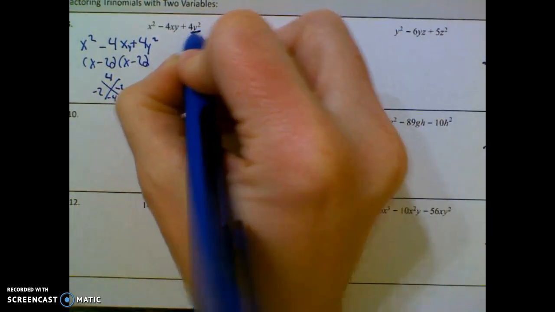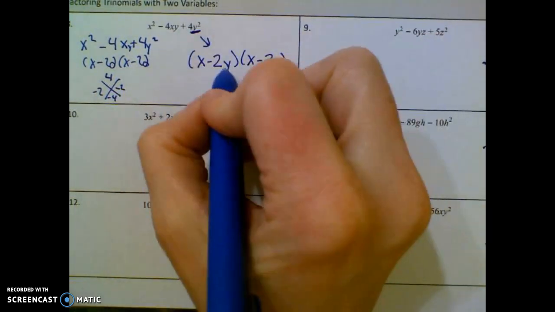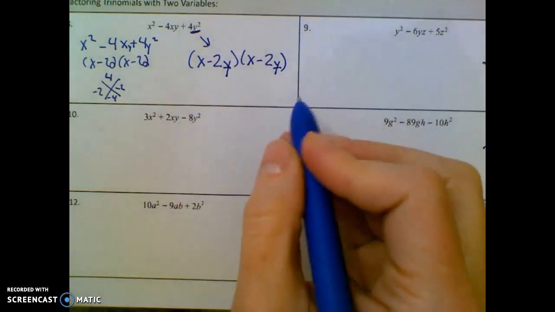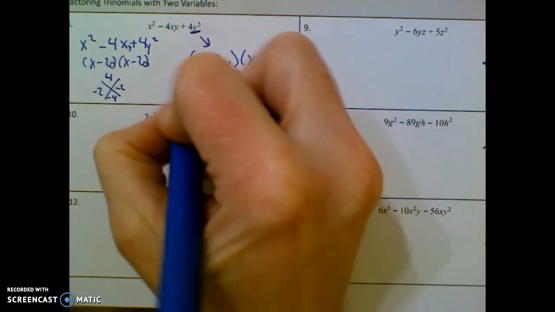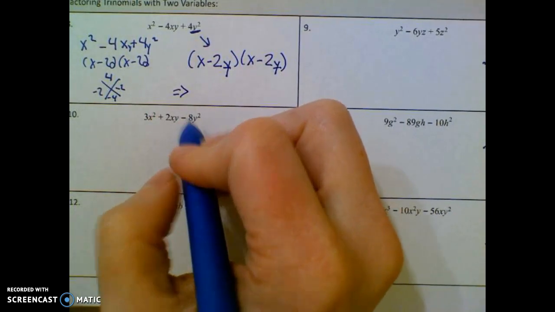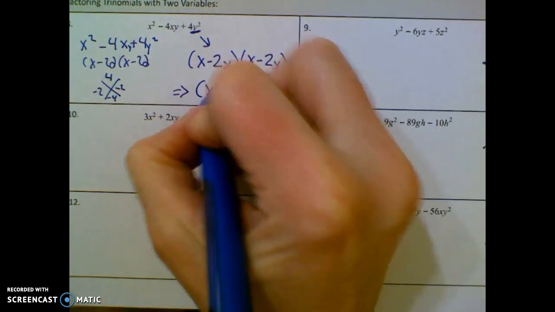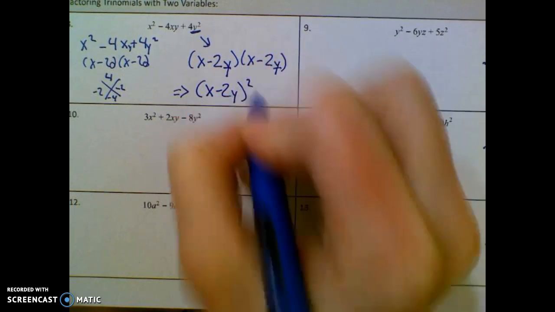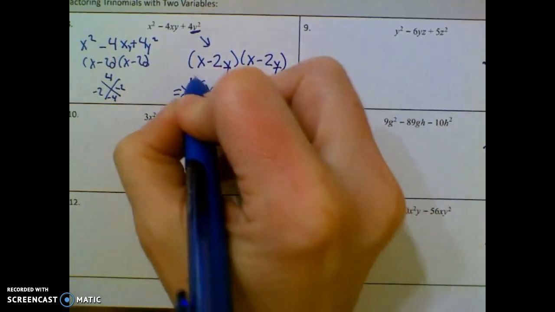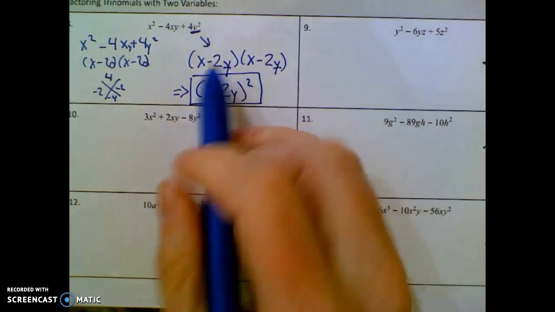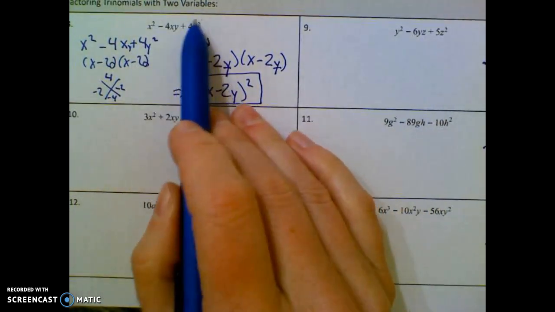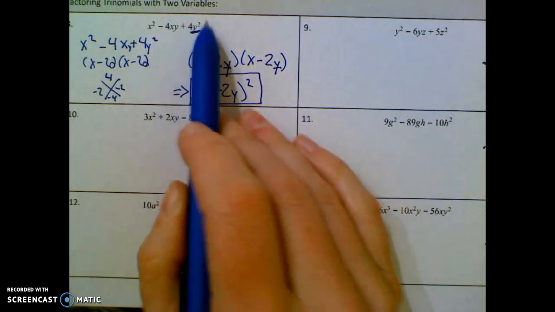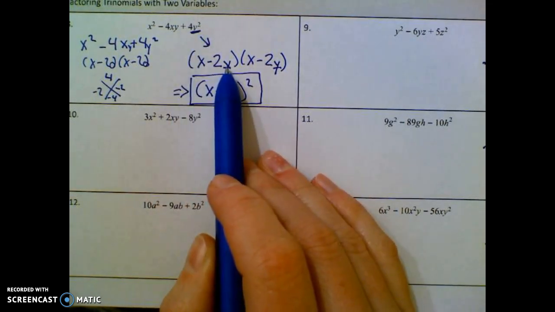Just whatever variable you have in that c term, you're going to add to your second term in both your binomials. And that's it. This is a perfect square trinomial, so I can go ahead and write it as x minus 2y squared. And that's how you would write your final answer. So when you're factoring with multiple variables, just factor like normal, but at the very end, tag whatever variable is here onto that second term.